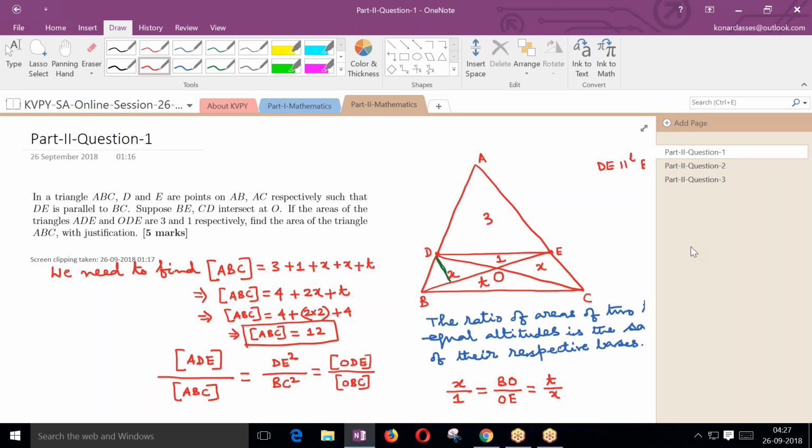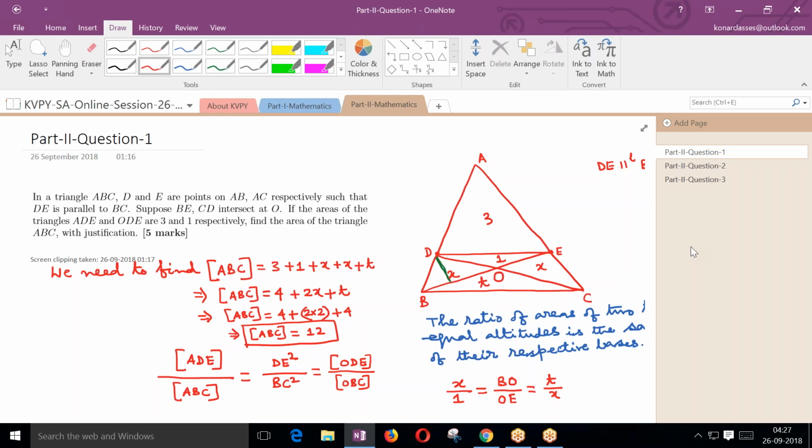Sir, do we have only objective or subjective questions also in KVPY? The point is that KVPY over a period of time was a mixture of objective and subjective, but as time goes by, it has become completely objective.